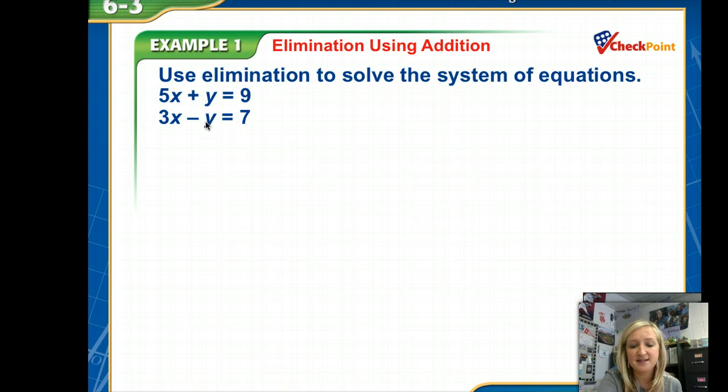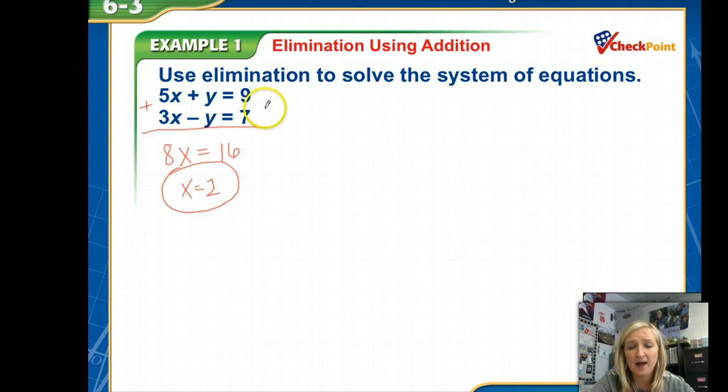So let's do one together. I look at this equation and I have a 5x and a 3x, but I have a y and a negative y, so 1 and -1. A positive and a negative, if I add these two together, they will eliminate the y's. 5 plus 3 is 8x. 1 plus -1 is 0, so I'm left with 8x equals 16, so x equals 2.